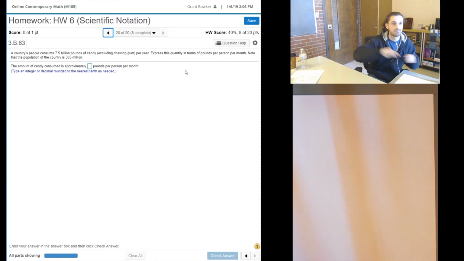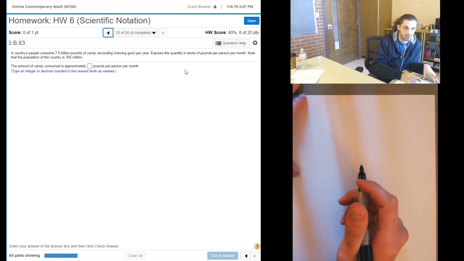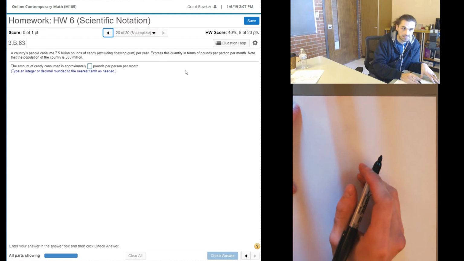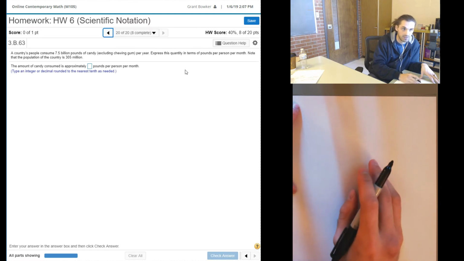So we have 7.5 billion pounds of candy, and we want to know pounds per person per month. So we want pounds per person, so let's go ahead and right away take the 7.5 billion pounds and divide it by the 305 million persons.